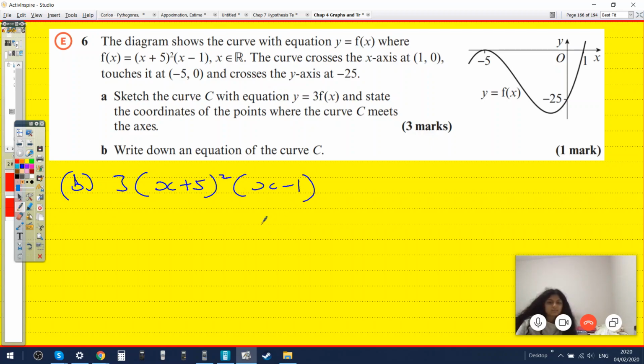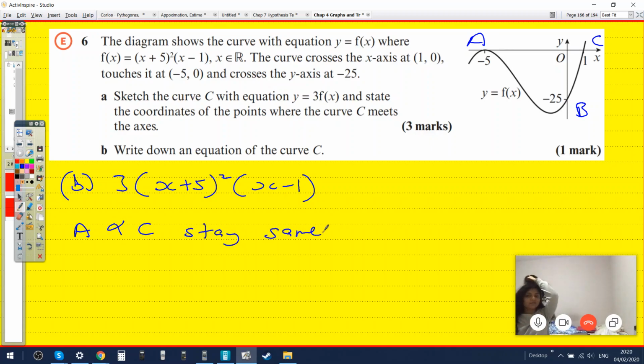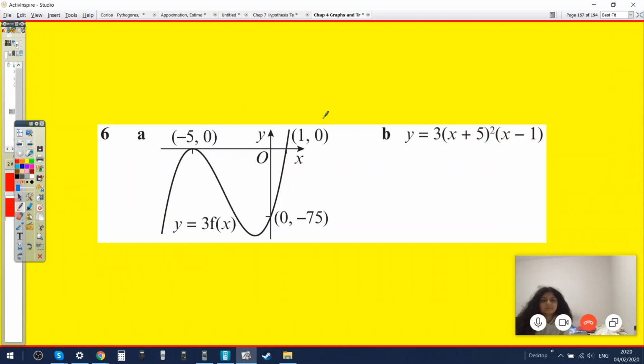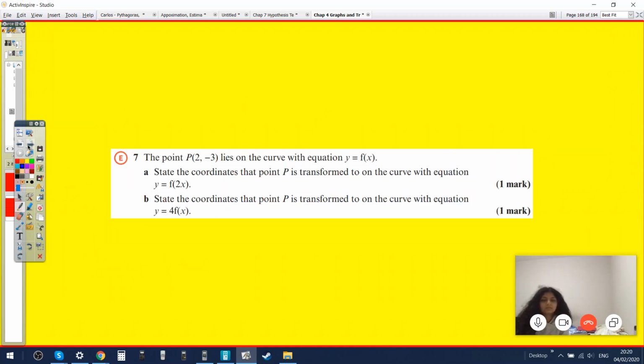And what would happen to the coordinates? And so what are the new coordinates for A, B, and C? Yeah. Yep. Yep. I believe so. 0, minus 75.